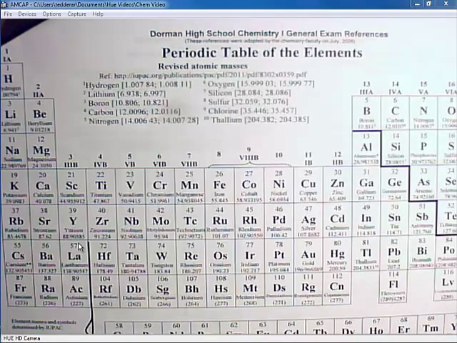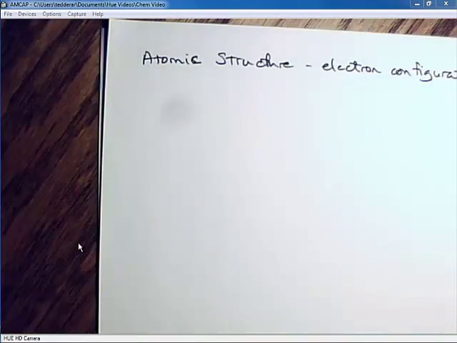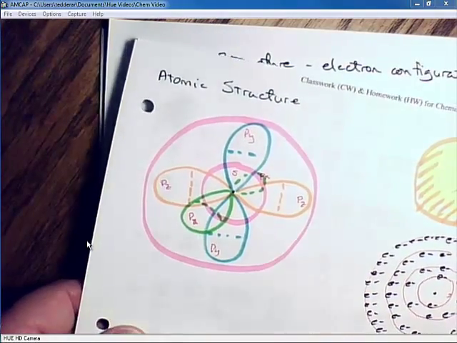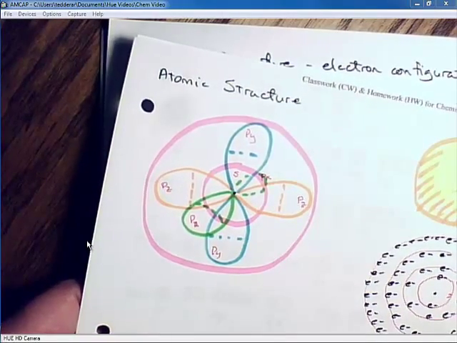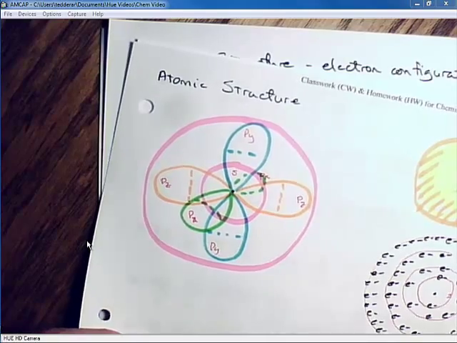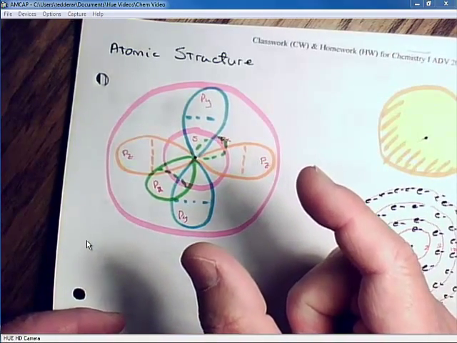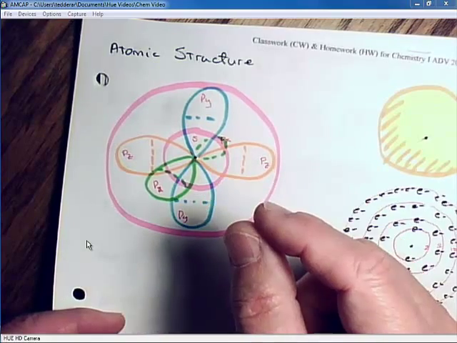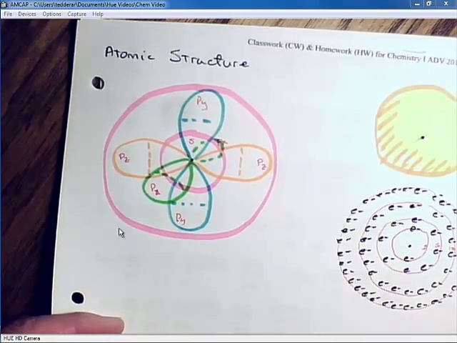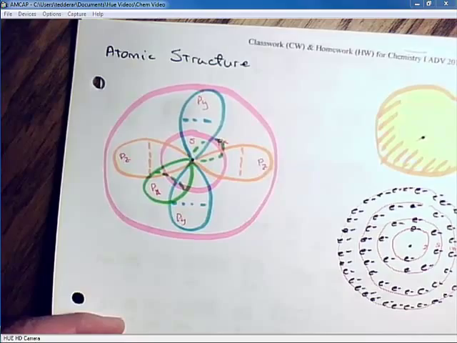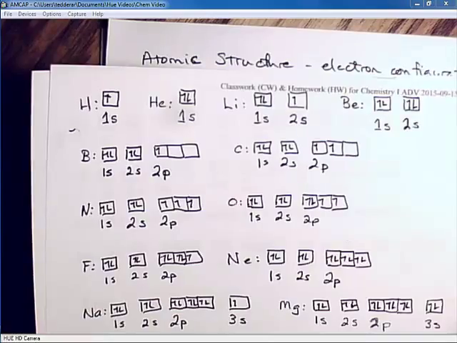They don't have any extra energy, so they want to be as close to the nucleus as they can be, and that's why they arrange themselves in this arrangement here with orbitals and primary energy levels and so forth. Because electrons having the same charge want to fly apart, but we can get 2 of them together because we can have opposite spins, which cancels the electromagnetic repulsion that wants to make them fly apart.